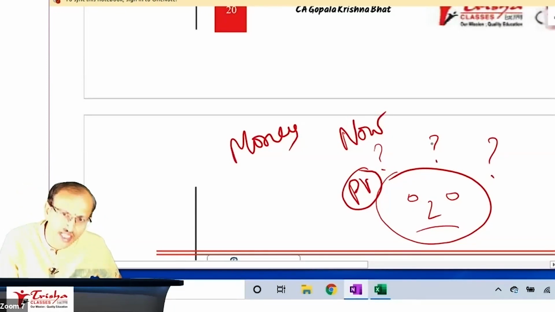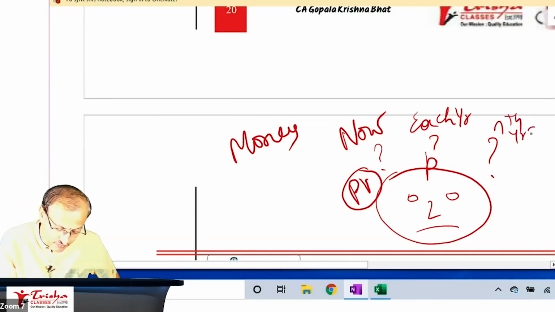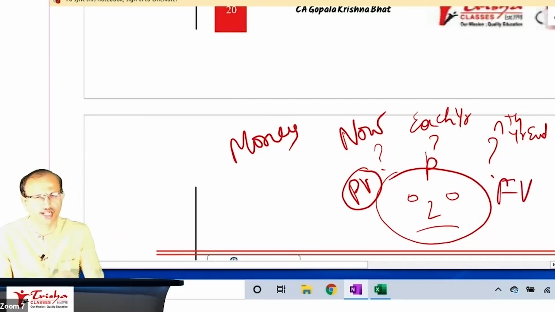Is that money each year? You call it each year money, periodic payment, annuity, installment, I will call P. Is that money at the nth year end? Future you want to get, you call it future value. Whatever rupees given, one of these 3 should apply. Now each year, is it nth year end?